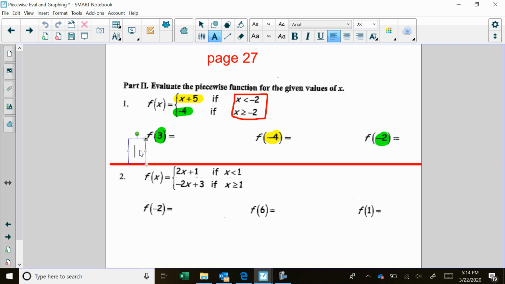So over here, how do you plug 3 into -4? You don't. So that answer is -4. -4 into the top becomes -4 plus 5, which equals 1.